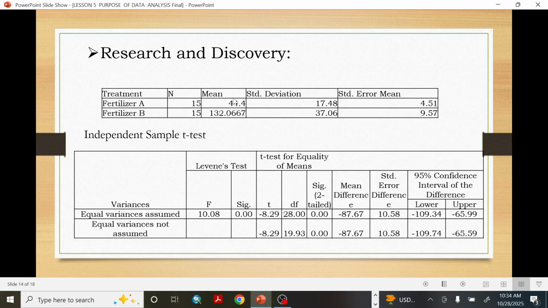First of all, when you look at the table above here, you look at the means. So these are the plant height means as a result of fertilizer A, and here the plant height mean as a result of fertilizer B. So the mean for fertilizer B is 132.0667.